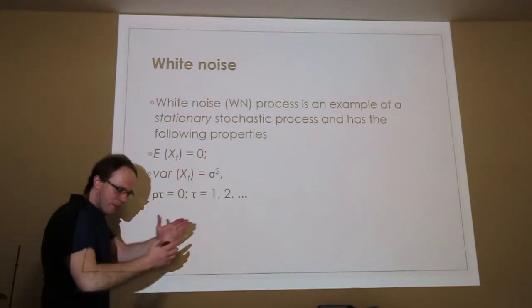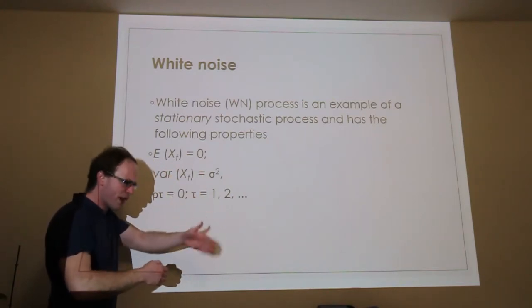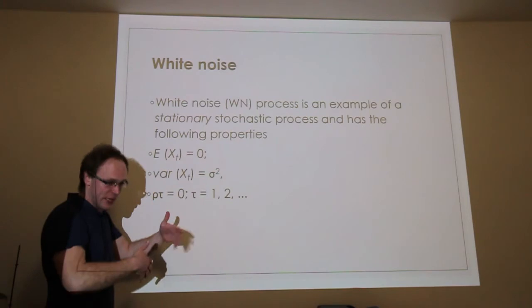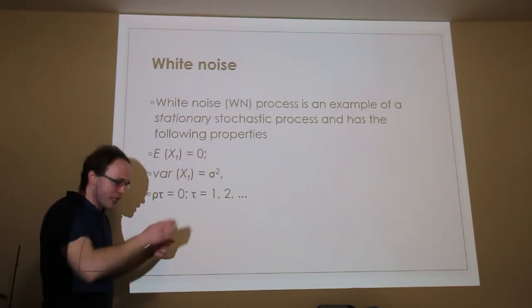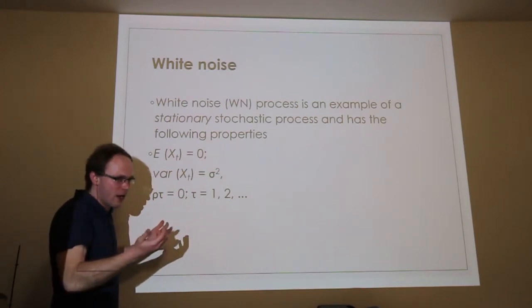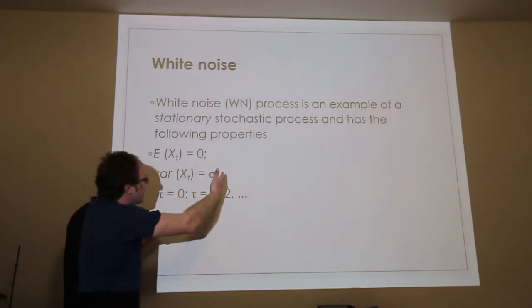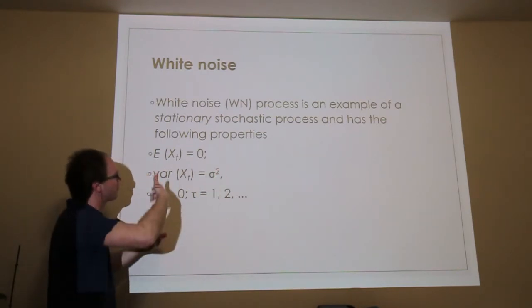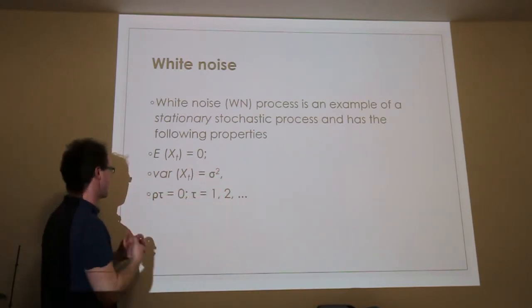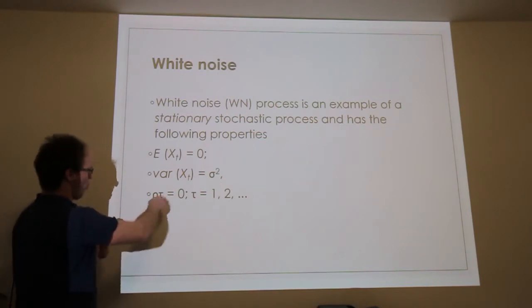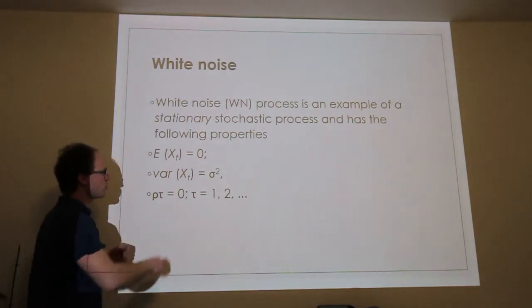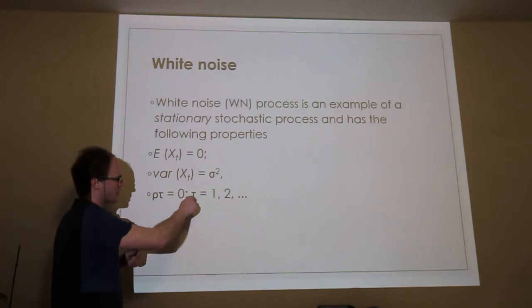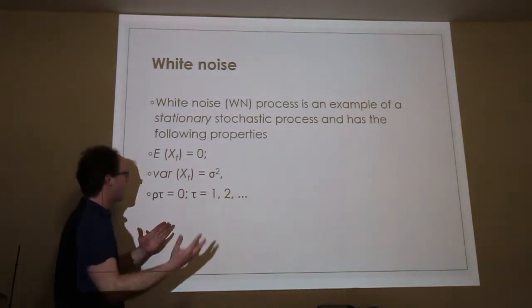The variance can be equal to 1 billion, 5 billions, or 10, 0.1, etc. Yes? But it must be constant and finite, constant in time and finite. Yes? And rho tau is equal to 0, for tau equal to 1, 2, 3, etc.